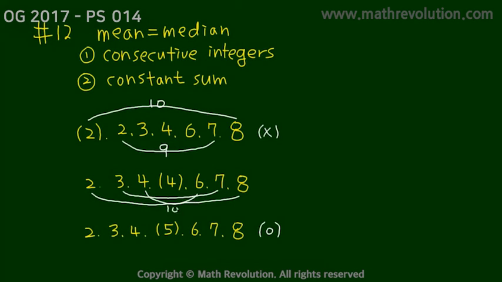But the center figure, the number in the middle, should be 5 because the mean should equal the median. And the median should be 5 because the average is 5. So the only sufficient option is option 3. And the answer is choice B.